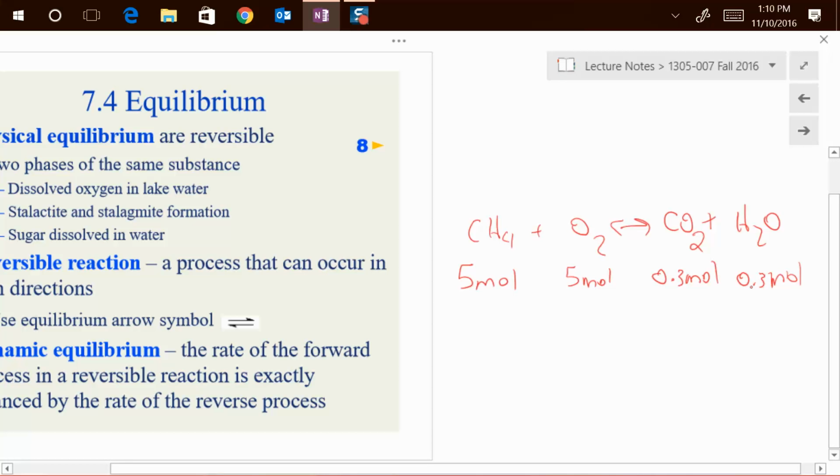So at these concentrations, the rate going backward is the same as the rate going forward. That's what equilibrium is. It's when the rates are the same, not when the concentrations are the same. It doesn't mean I have the same amount of stuff on both sides of the reaction. It simply means the forward reaction and the reverse reaction are the same.